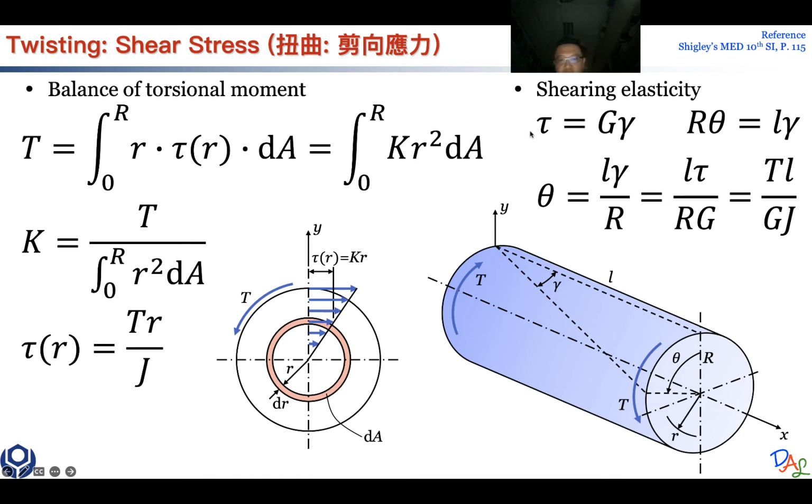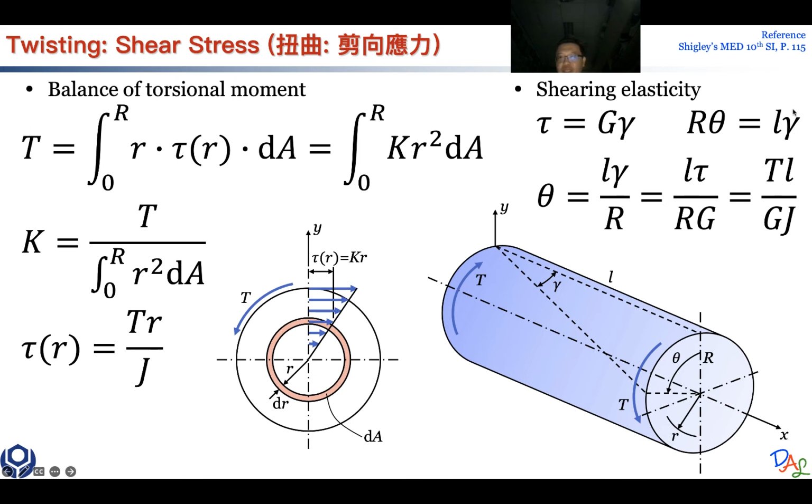We are focusing on small deformation, and the material is still within linear elasticity. So the shearing stress and the shear strain have a linear relationship, and the coefficient right here is your shear modulus G.